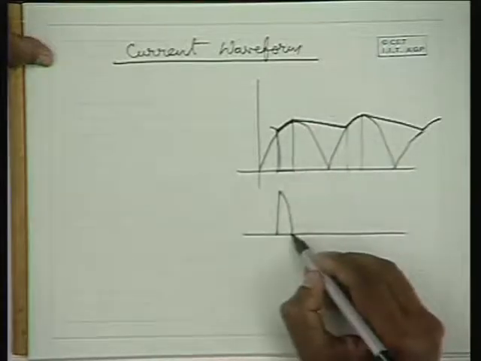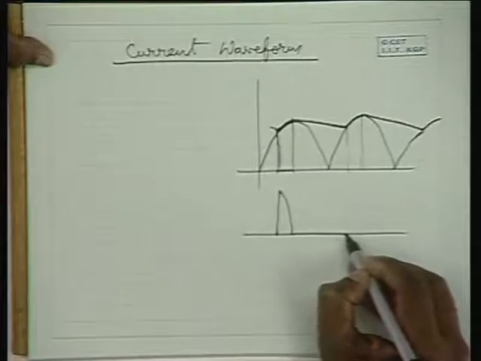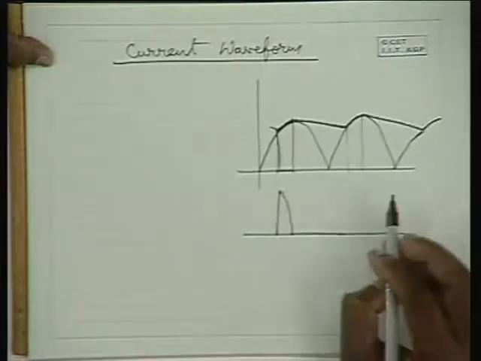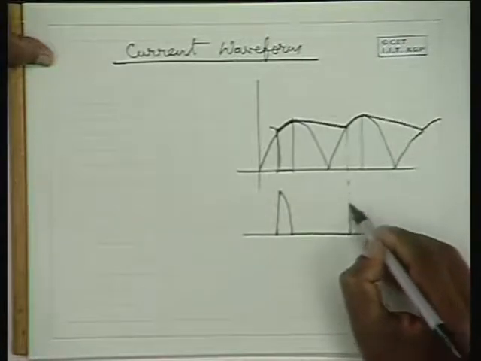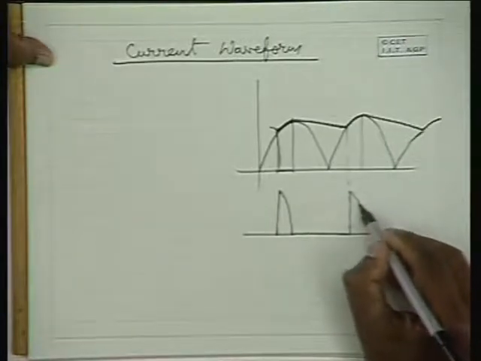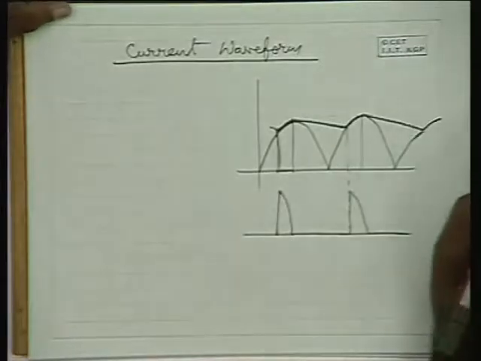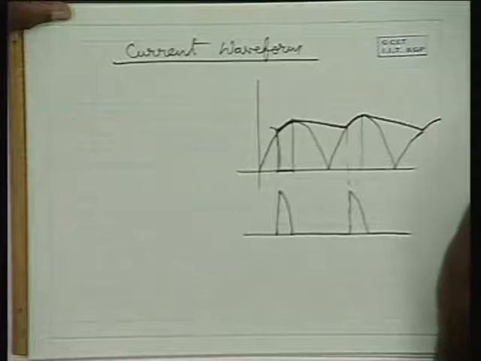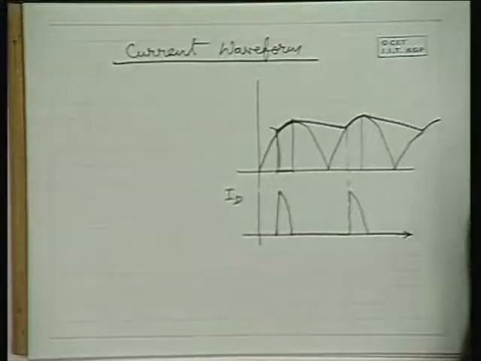From this point onwards the diode current is 0. This is what is happening through D1, and the current through D2 also has this kind of shape. Hence, the current passing through the diode is of peaky nature.